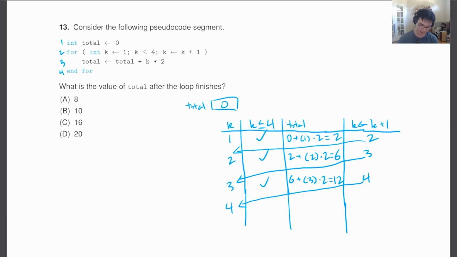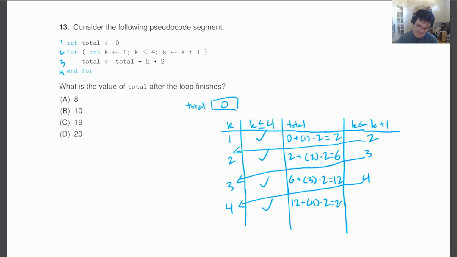K is now 4. And then I once again reach the condition, is 4 less than or equal to 4? That is true. So I go into the for loop, and I'm on line 3. I do total is now total plus k times 2. So total was 12 plus k, which is 4, times 2.